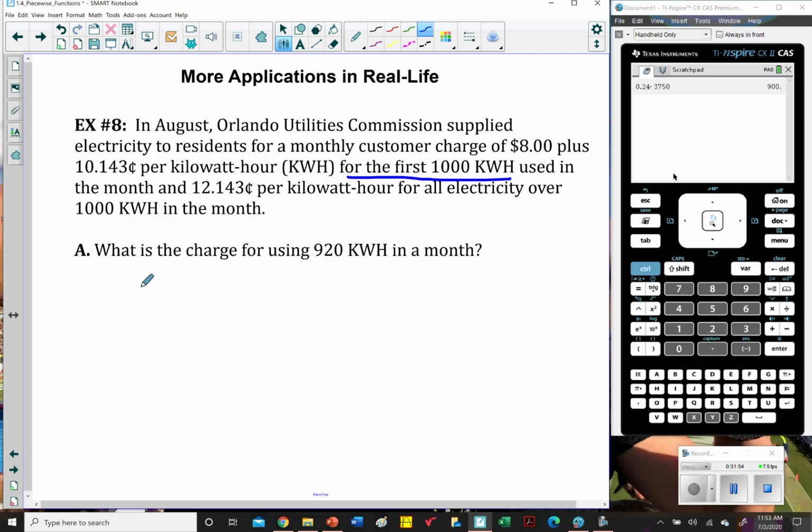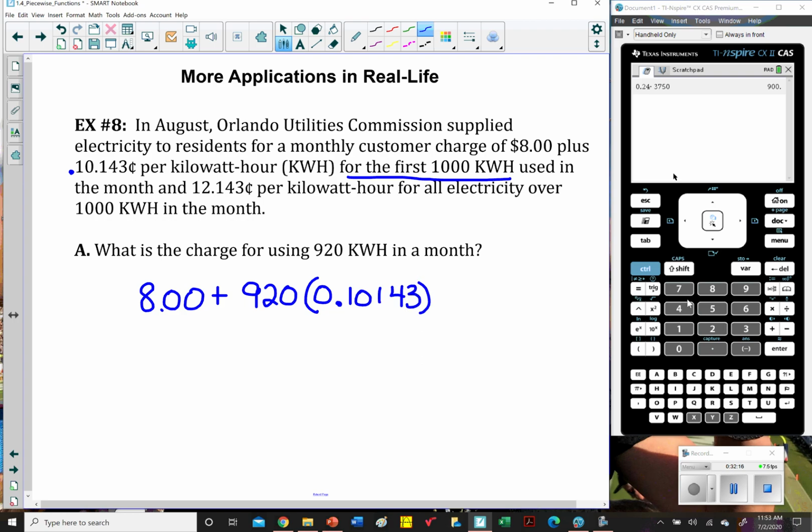That means for 920 kilowatt hours, you would pay $8 for an initial amount, and then 920 kilowatt hours at 10 cents a piece. So cents, we're going to move that decimal over 2 places, and that would be 0.10143.